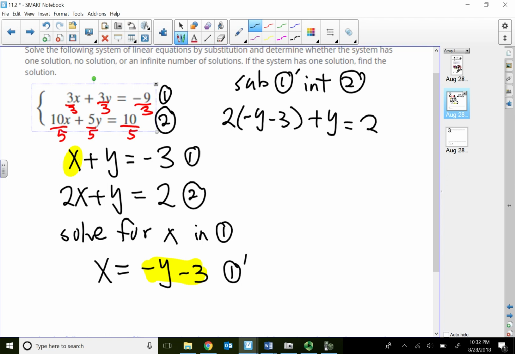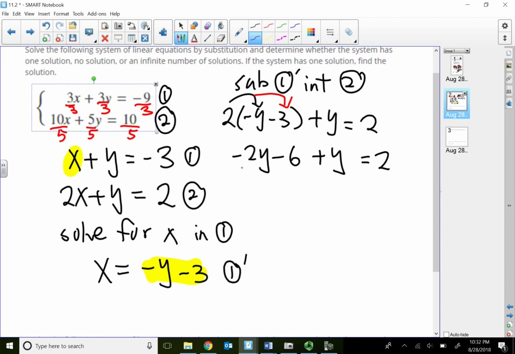So now once I finish substituting, you will always notice I only have one kind of variable I'm solving at a time. So let's do a quick distribution. 2 times negative y, 2 times negative 3. That gives me a negative 2y, negative 6, and a positive y equal to 2.